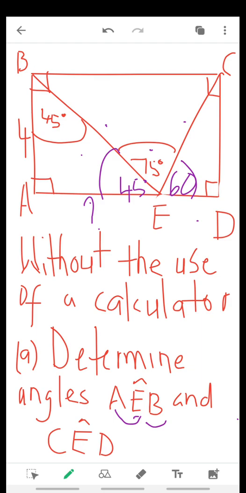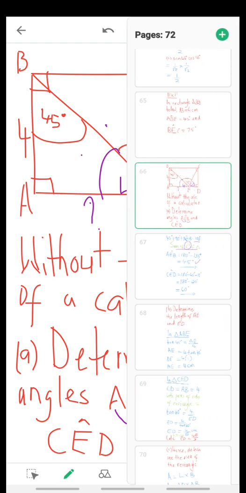We can use our trig ratios. 45 degrees, this one or this one, it's up to you, but I've used the given one. So 45 degrees here is opposite AE and is adjacent AB. What is that? Tan trig ratio.